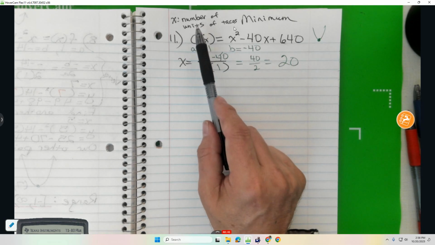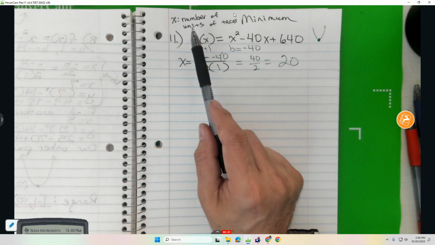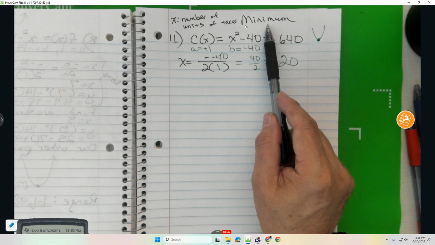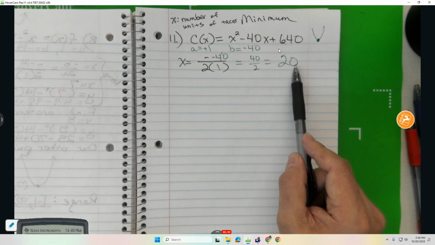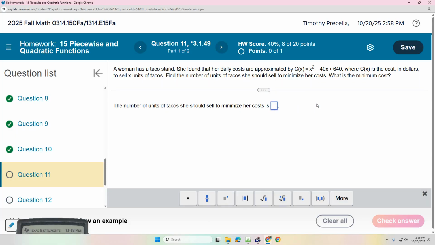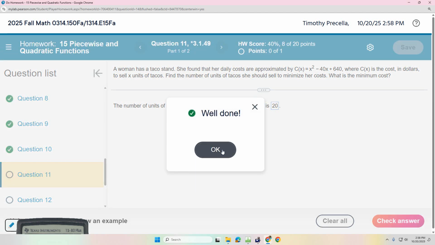If this person is trying to minimize costs, then they need to sell 20 units of tacos. I don't know what a unit is. Maybe it's a dozen. What do you think she classifies it as? I don't know, but surely it's not just 20 tacos.